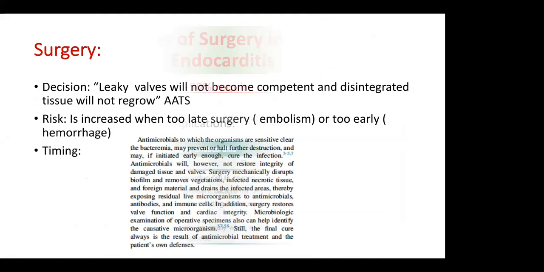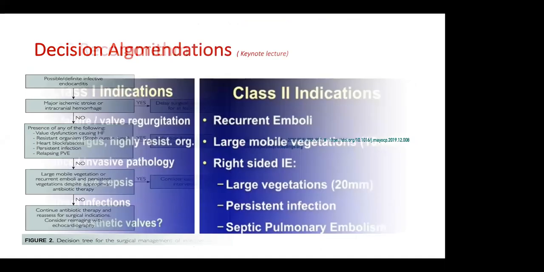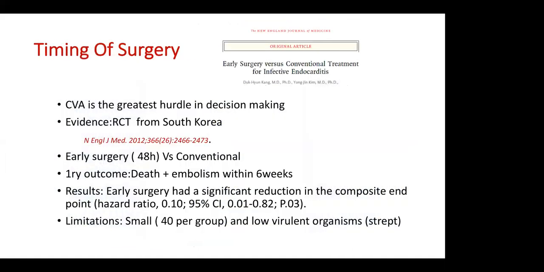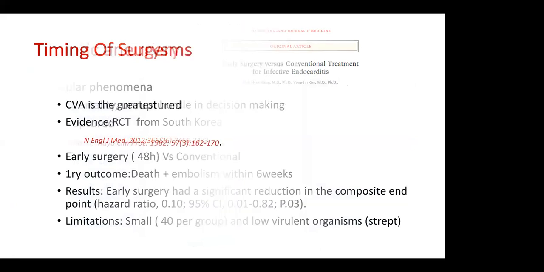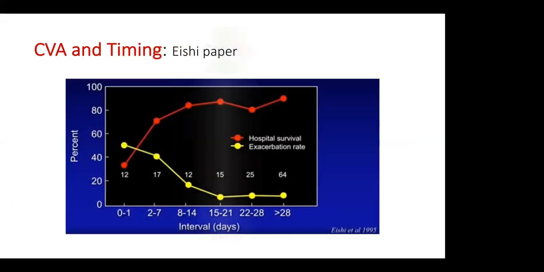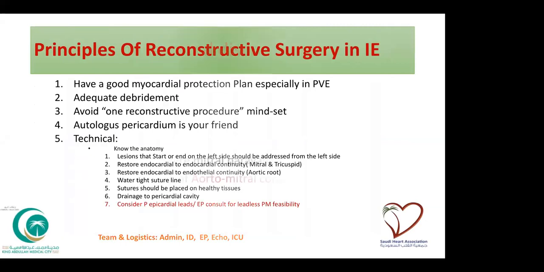So thank you, Hassan. This is a nice description of the echo. You have an aortic stenosis, and you have a mitral prosthesis in place, and you have vegetations on the mitral valve, and you have an aortomitral discontinuity.